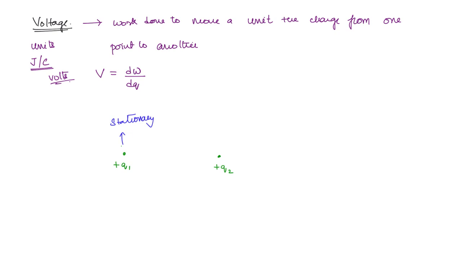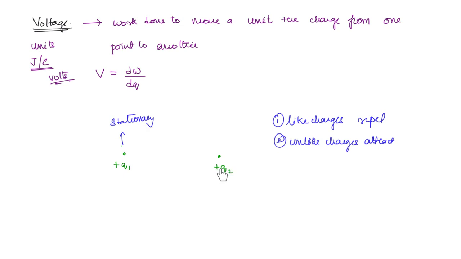Now, whenever two like charges are put together, what is the force experienced by them? They will experience a repelling force. Like charges repel and unlike charges attract. So now you have two like charges here, both are positive, and Q1 is kept stationary.